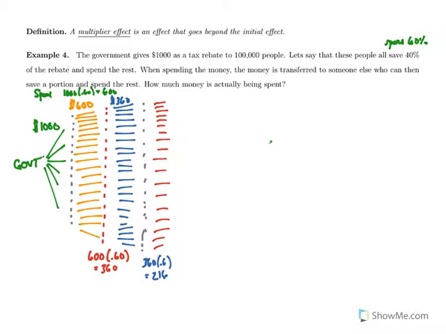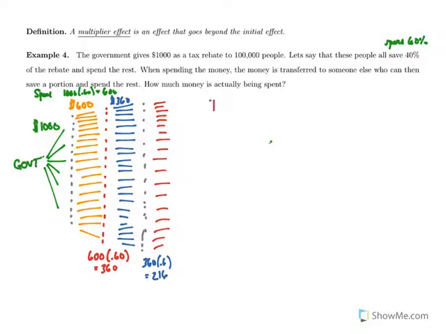So the idea here is that the $1,000 to each of those people at the beginning, when we're thinking about how much money is going to be spent, it's not just what the first people spend, but it trickles through the economy and people get the money, one, two, three, four steps later that they can also spend.